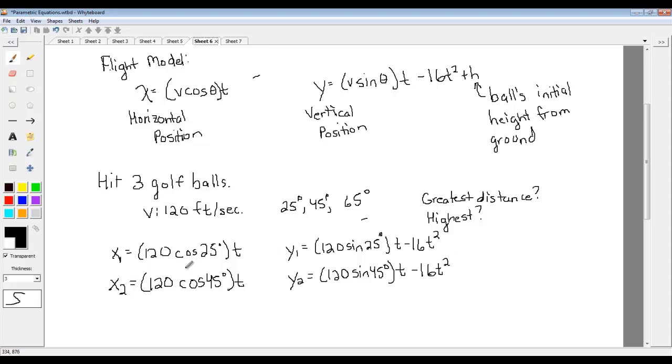So x will give you its horizontal distance, y will give you its vertical distance. X sub 3 is 120 times the cosine of 65 degrees times t. Y sub 3 is 120 times the sine of 65 degrees times t minus 16t squared.